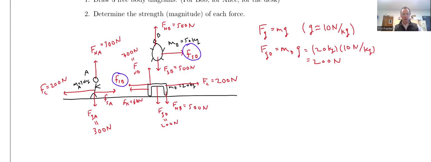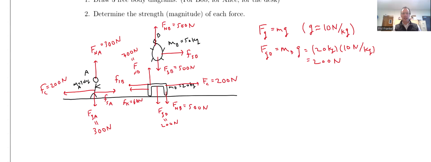Furthermore, I don't know what the force of static friction is on Alice's feet. So there are two forces to find: the static frictional force between Bob and the desk, and the static frictional force that the ground exerts on Alice's feet. Now, based on things that we've discussed already, we're really at a dead end here. We don't know how to find these things.